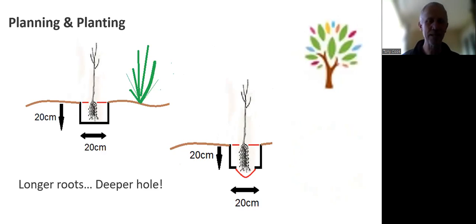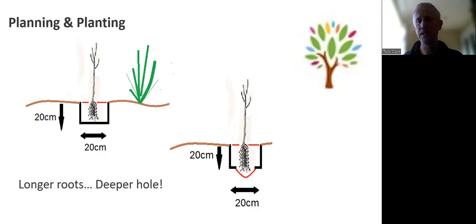It's got our whip planted in, and if you notice that the roots in the top left-hand image are all contained within the pit, and so when we backfill, all the roots are covered. And then the image to the right shows that the root and the taproot on the whip extends longer than the 20 centimetre hole, and unfortunately we'll just have to dig the hole a little bit deeper.